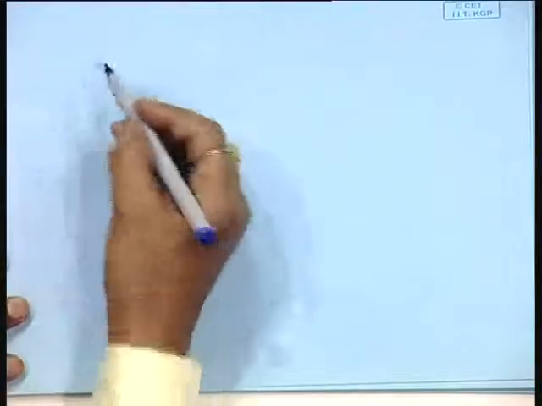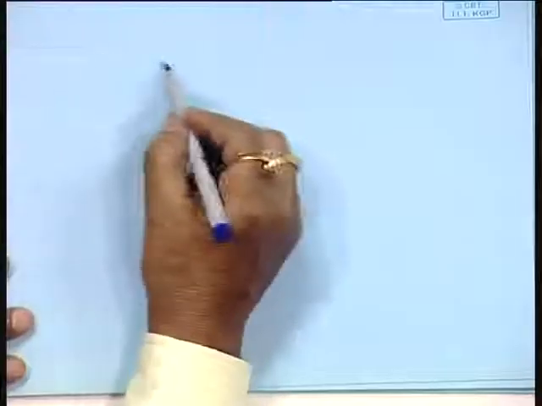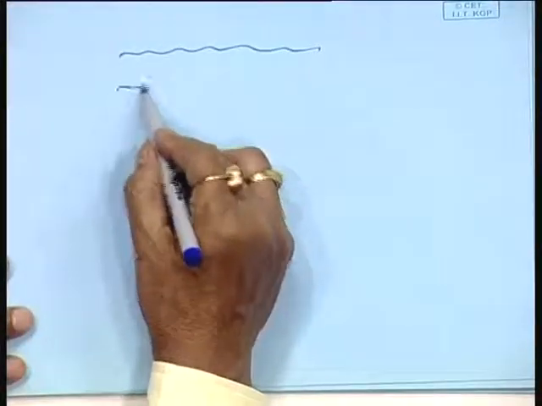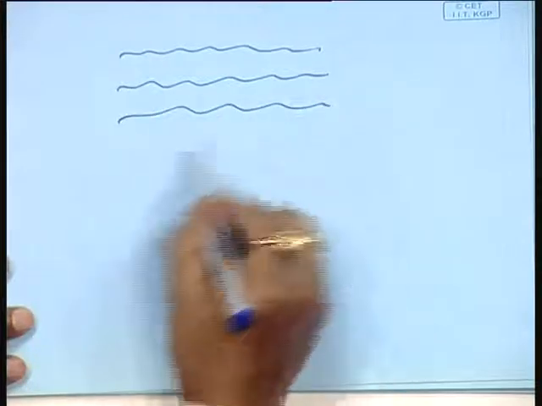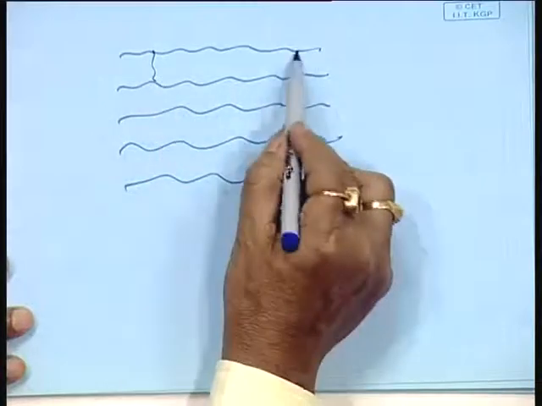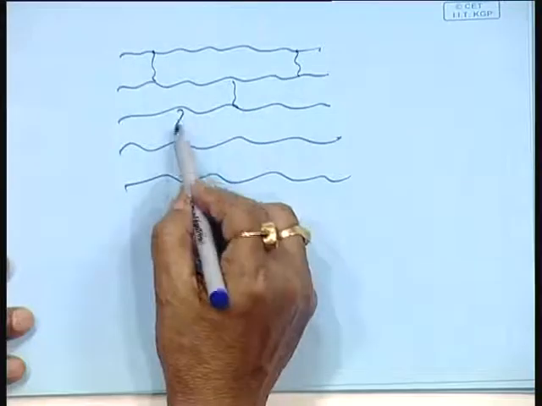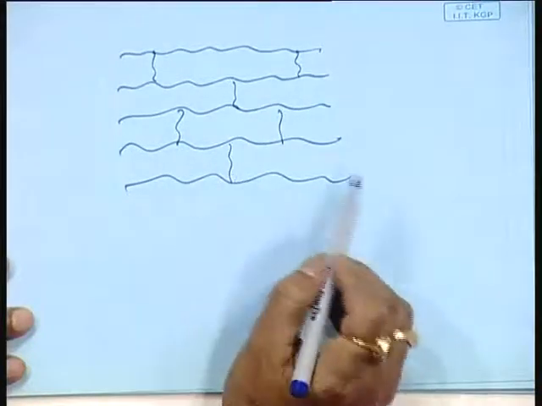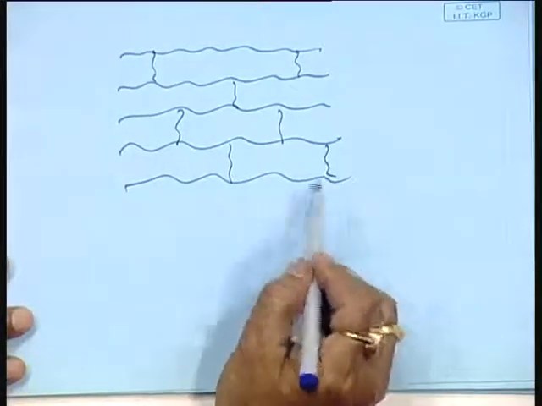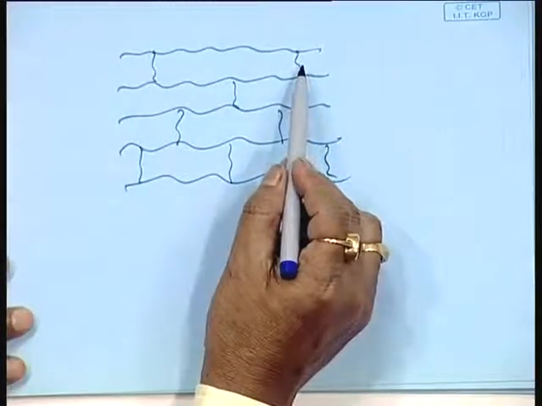And this branched structure will lead to, since those groups are reactive, as I told, hydroxyl and carboxyl reactive groups are there at their ends, an intermolecular cross-linked network structure. These are linked by primary valence bonds.